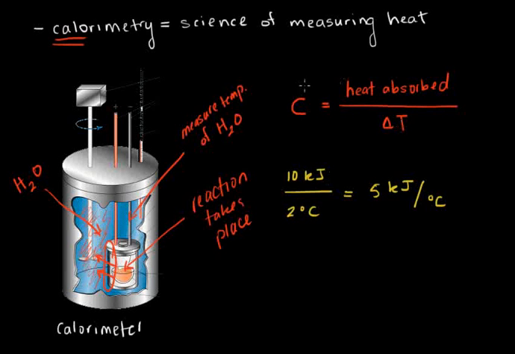But this quantity, heat capacity, is really not that useful. It's really specific to the calorimeter with which we're working. If we added a little bit of heat to something like the ocean, which is huge, the temperature of the ocean wouldn't really increase at all because it's so massive.